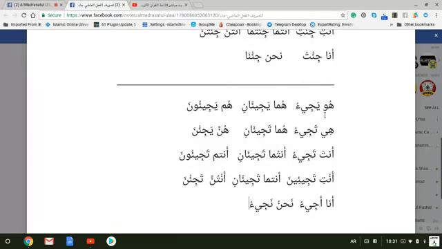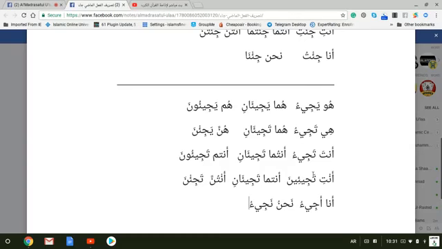Jaa'a yaji'u. Huwa yaji'u. Huma yaji'ani. Hum yaji'una. Hiya taji'u. Huma taji'ani. Hunna yaji'na. Anta taji'u. Antuma taji'ani. Antum taji'una.